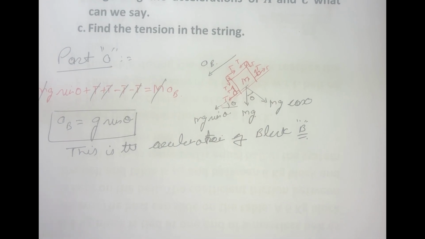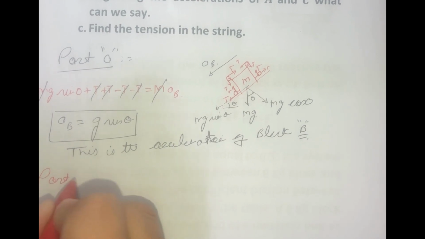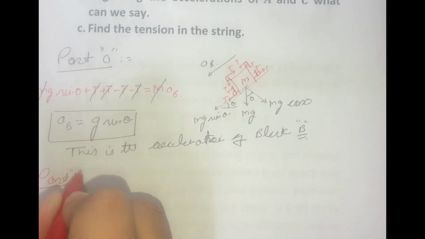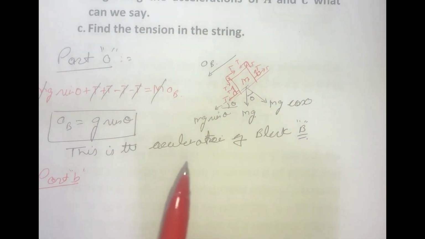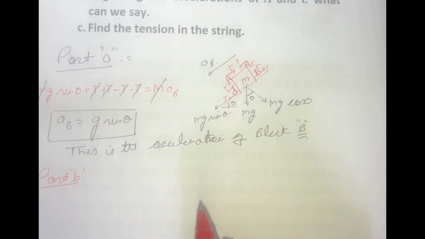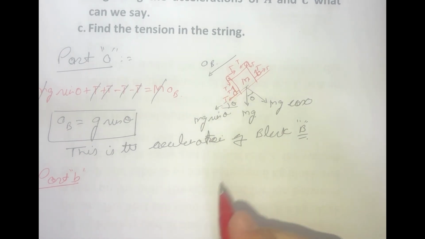Next, let us do part B, and in this case we are supposed to find out what we can say about the accelerations of A and C, and let us draw the constraint relationship between the two accelerations.